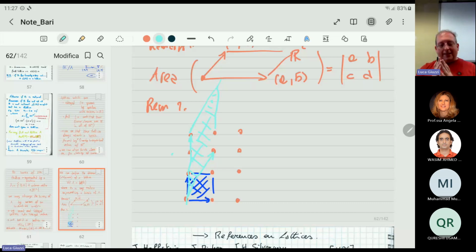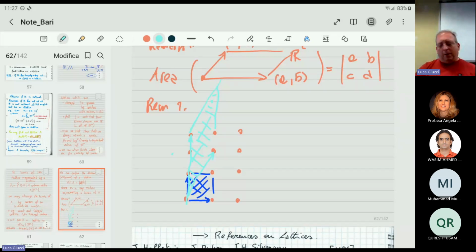So in this sense, we can say the lattice is the same, just the basis has changed. The area is the same, but somehow there is something different between this representation and the object there.